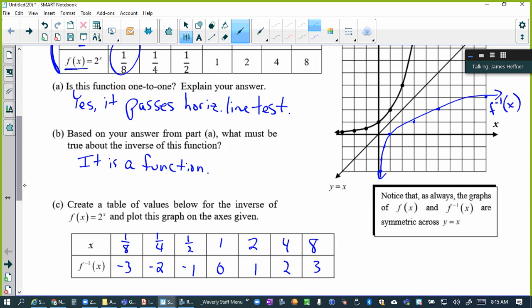And by the way, what did I just tell you the inverse of an exponential function is? It was on the notes page. What do you think we just graphed there? What function?